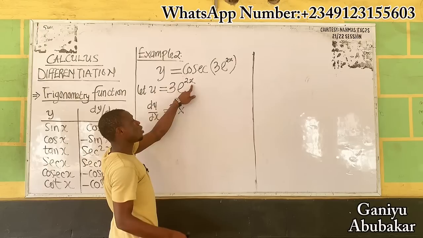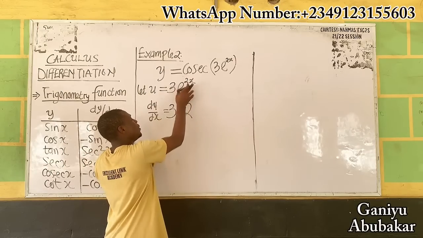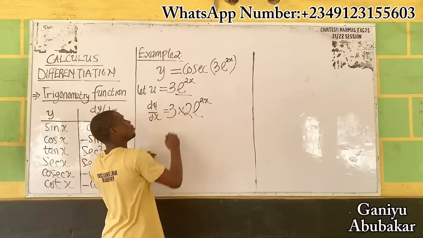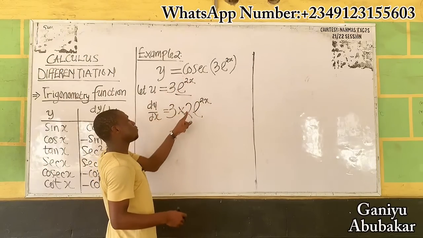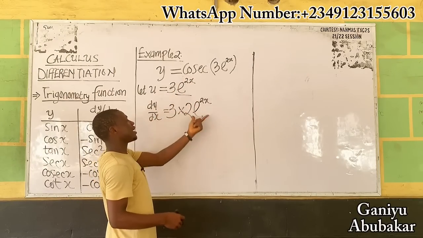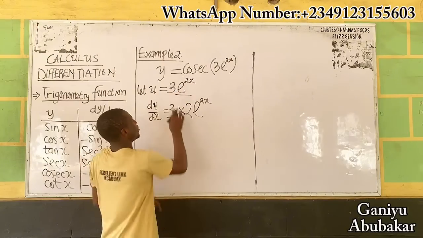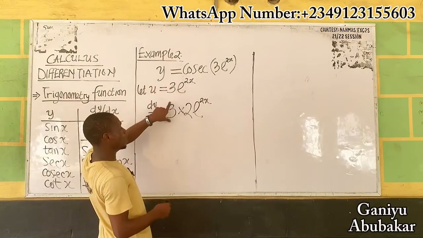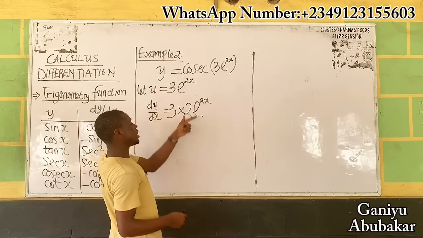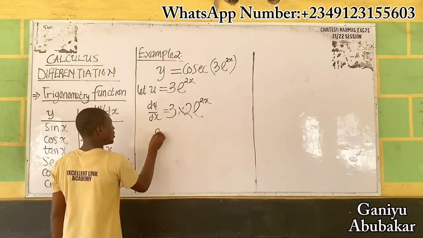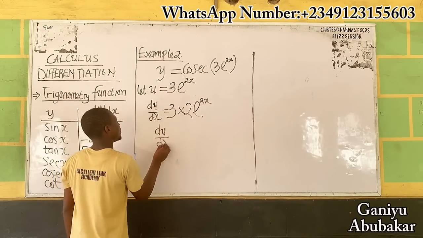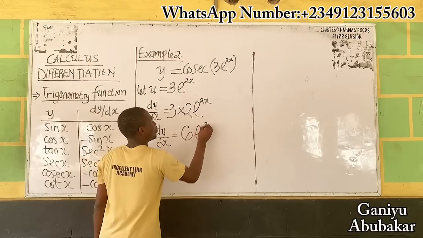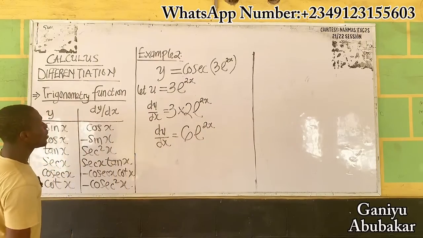What's the power here? 2x. I'll have 2, then repeat exponential 2x. This 3 is a whole number, so just repeat it. In essence, du over dx is equal to 2 times 3, which is 6 exponential 2x.